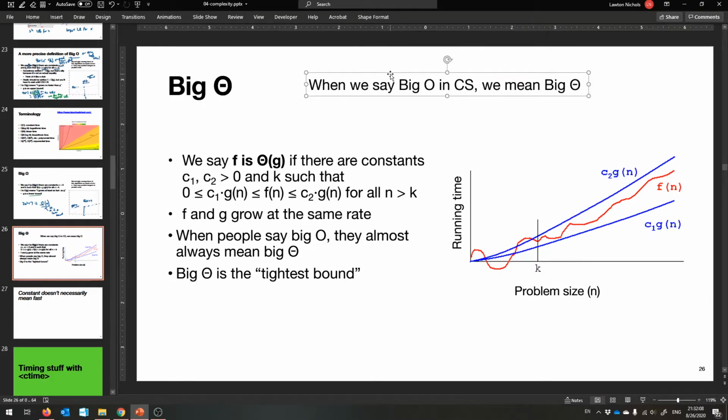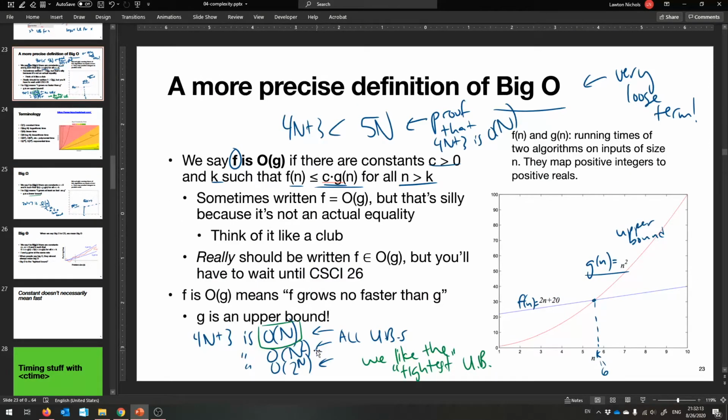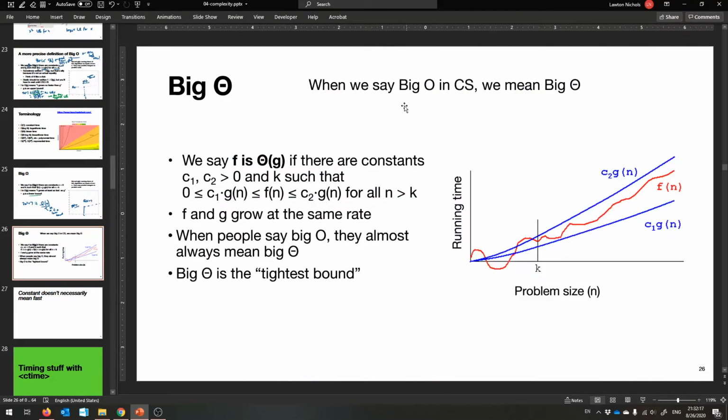Ingrain this in your mind, because big O, mathematically, means this madness, where you could totally say 2 to the n for 4n plus 3. Big theta is a tight bound, okay? Big theta is this. So in this graph, we're saying that f is big theta of g, and that's because we can bound f on 2 sides by g, depending on which constant we pick.